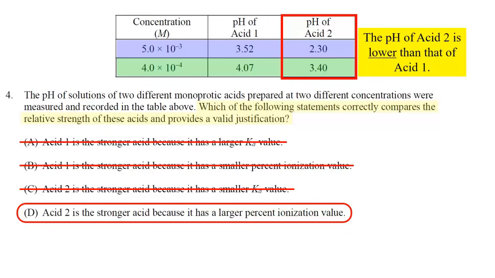And what I'm going to do is go ahead and calculate the percent ionization for each of these acids based on the data. So starting with acid 1, I'm going to do the following calculation.